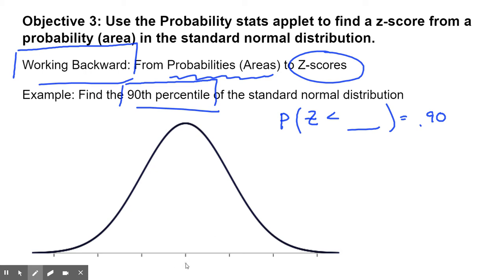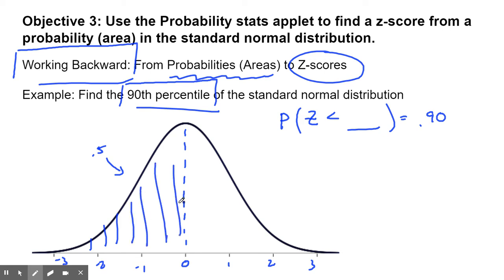So again, let's just quickly label the standard normal distribution: 0, 1, 2, 3, -1, -2, -3. Let's recall that, first of all, to the left of 0, this area is going to be 0.5.